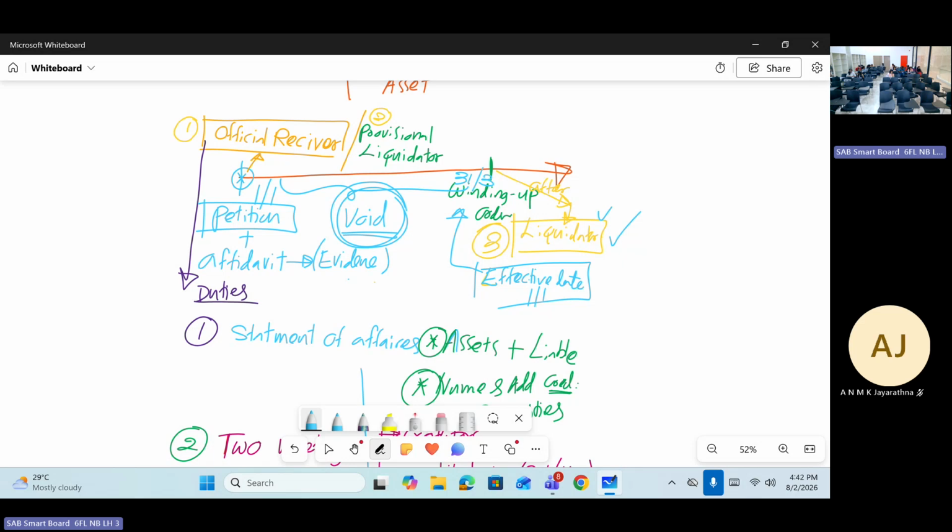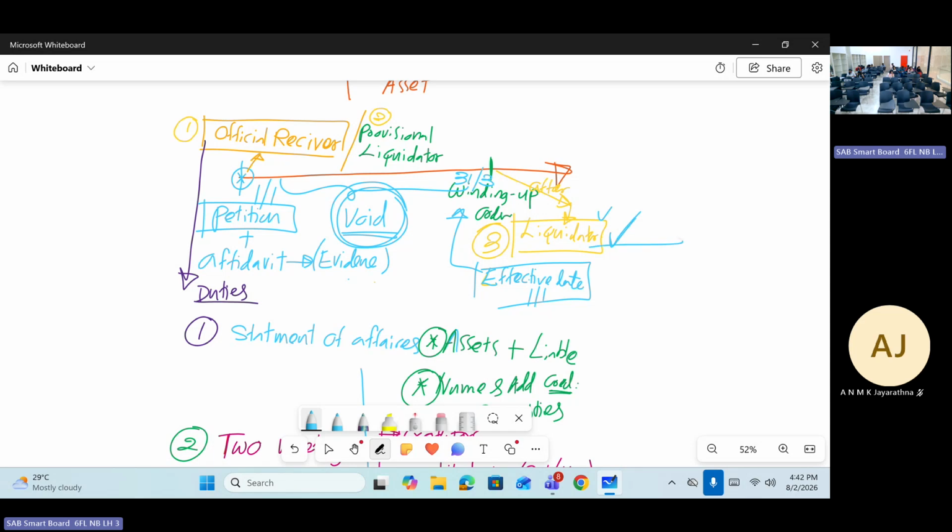Then, after the decisions made at the two separate meetings, the court will consider them, and accordingly a suitable person will be appointed as the liquidator.